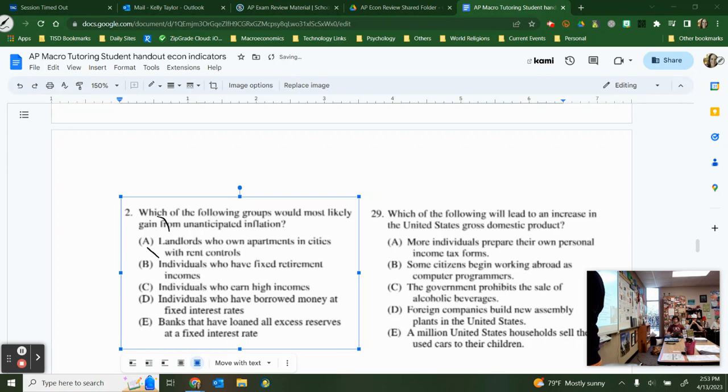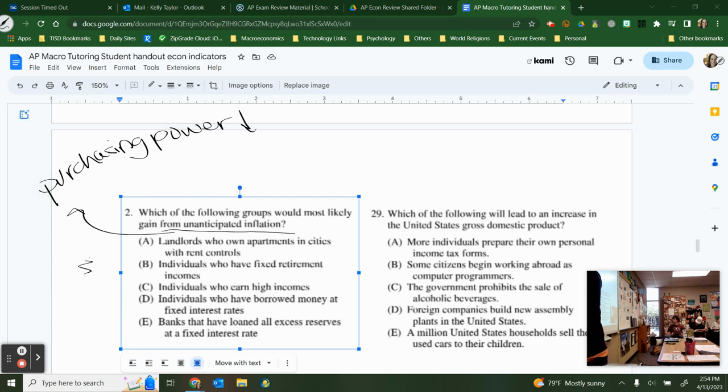When there's unanticipated inflation, that means your purchasing power has gone down. Every time there's unanticipated inflation, your purchasing power has gone down. So some people are hurt and some people are helped by that. Let's make a little T-chart for hurt and helped.